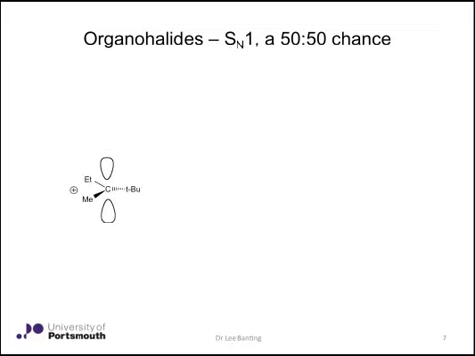And the reason this happens is that the carbocation is planar. The central carbon has a p orbital. Effectively, the carbon is sp2 hybridized. It has a vacant p orbital looking for a pair of electrons from an incoming species.